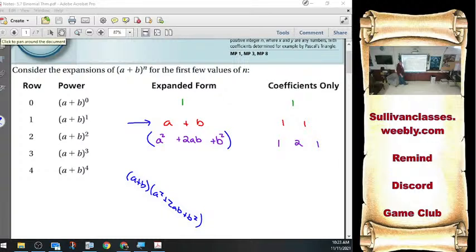Find it. Multiply it out. Figure it out. Paying extra special attention to your exponents.